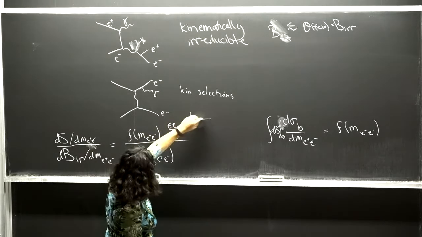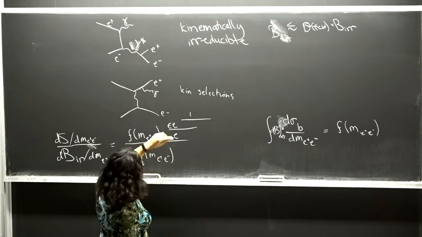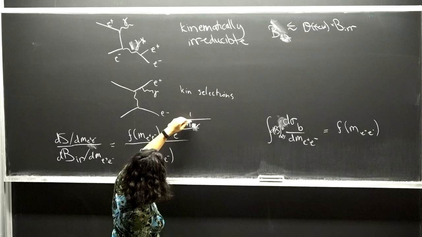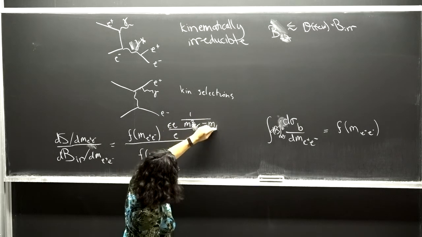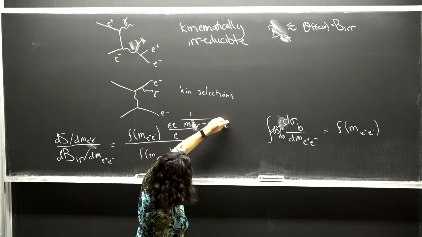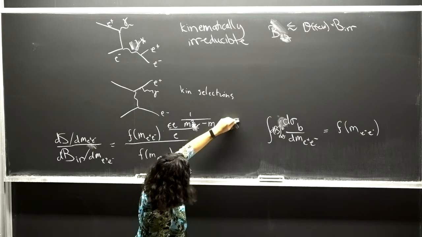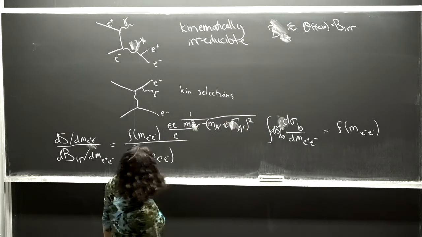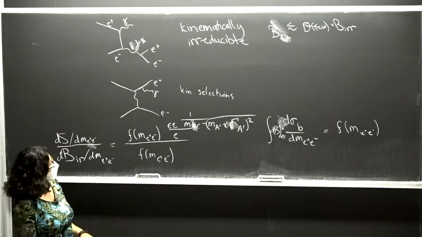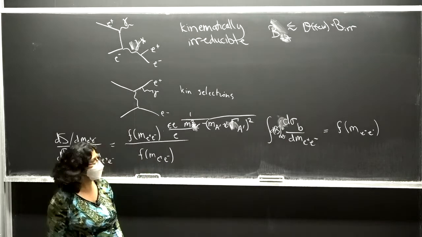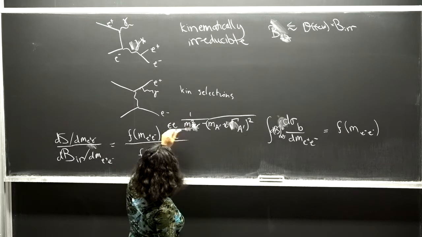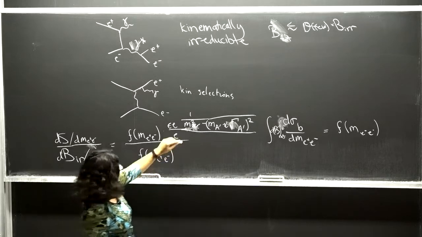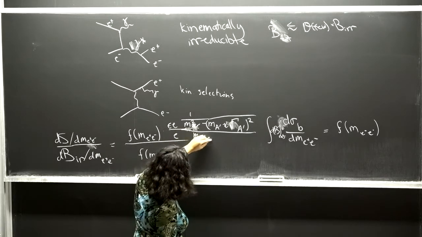And then I'm also going to have a propagator that's m(e+e-) squared minus m_A' squared plus 2i gamma_A' squared. And because I'm trying to write this differentially in e plus e minus, I need to keep track of the width of the dark photon now. I'm dividing that by the propagator that I had in the background process, which was just m(e+e-) squared.